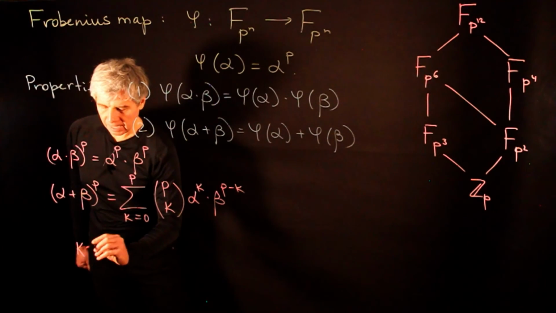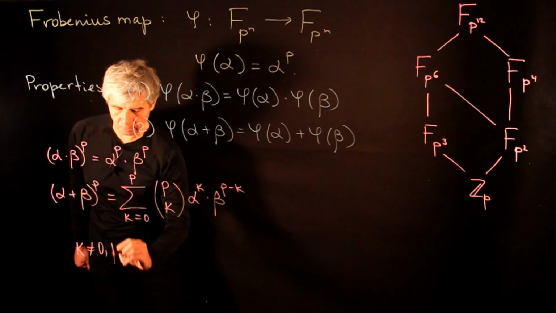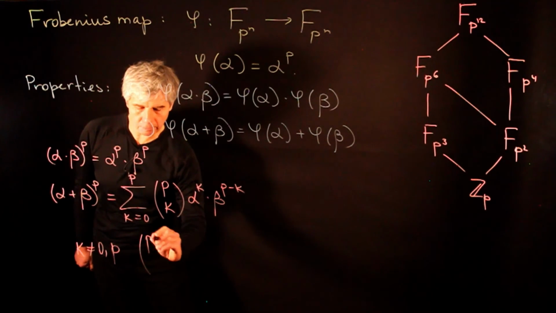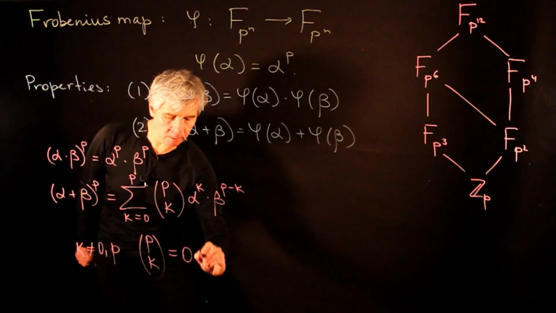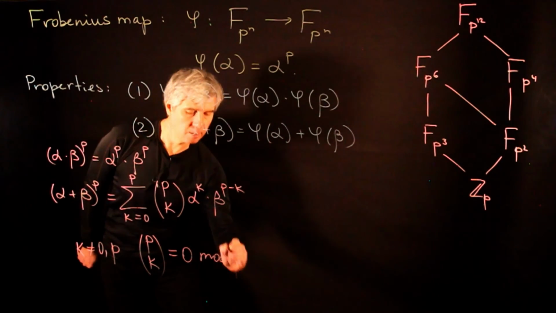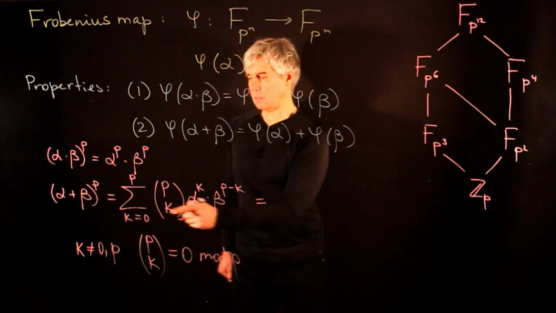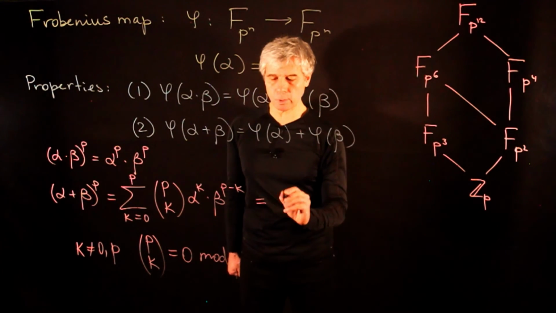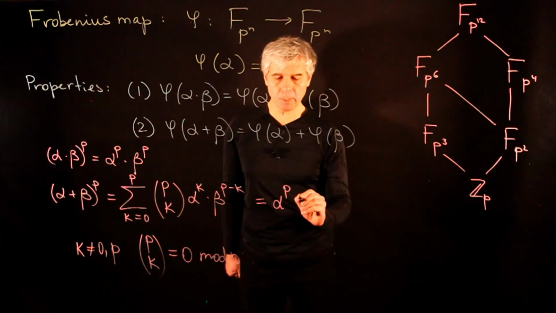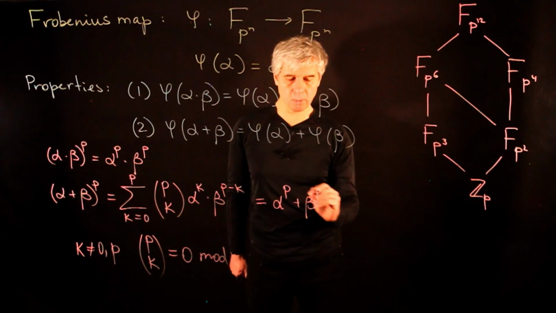But if k is different from 0 and p, then this binomial coefficient p choose k is divisible by p. And thus, in this binomial expansion, only the first and the last terms will survive. We get alpha to the power of p plus beta to the power of p.